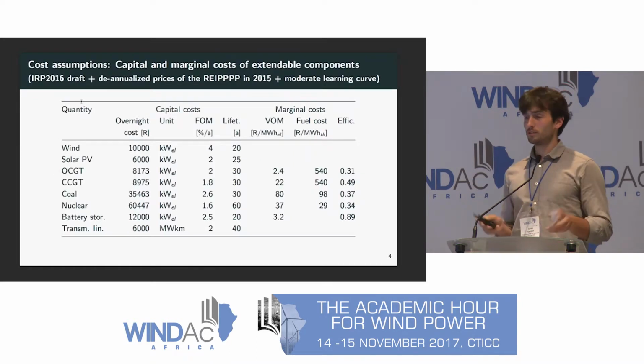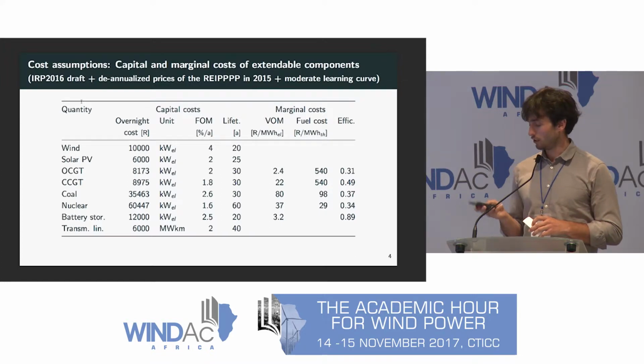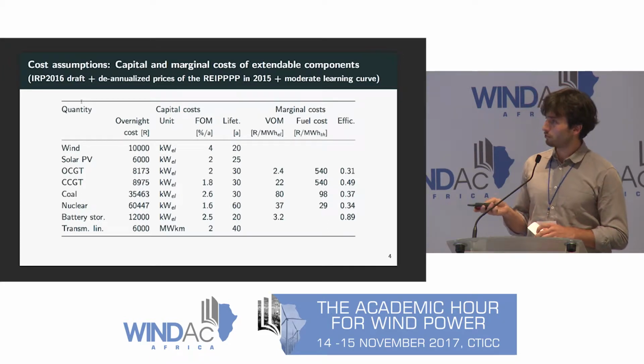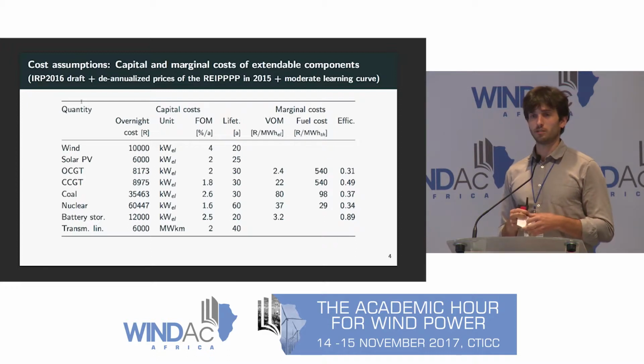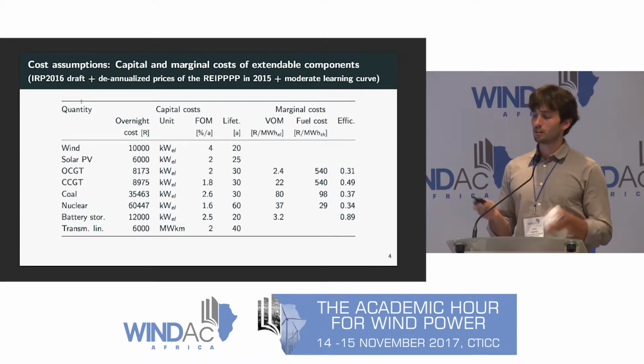And try to come up with good numbers for how much everything will cost in 2040. Most of the numbers here, I won't go into the detail. It's really just trying to flash them at you. Most of them, especially for the thermal generation, is based on the Integrated Resource Plan draft in 2016.